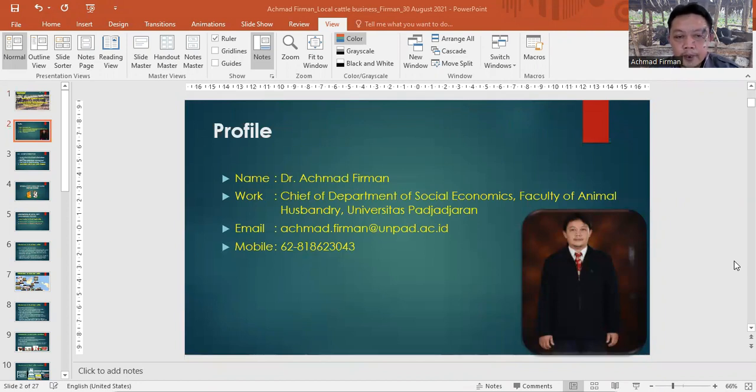I'm Chief of the Department of Social Economics, Animal Husbandry Faculty, Universitas Padjadjaran. By the way, I look so young in these photos. Perhaps this is 8 years ago. I don't want to talk too much. Let's go to the topic.